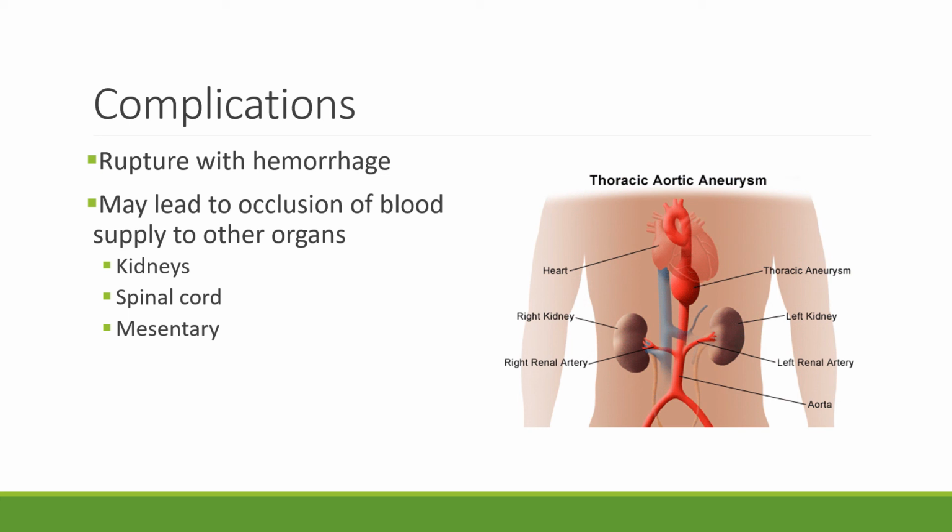In the immediate post-op period, it's going to be important to monitor hourly urine output and to further evaluate renal functioning by monitoring the BUN and creatinine levels. Decreased renal perfusion can occur from embolization of an aortic thrombus or plaque to one or both renal arteries, and this causes ischemia of one or both kidneys.